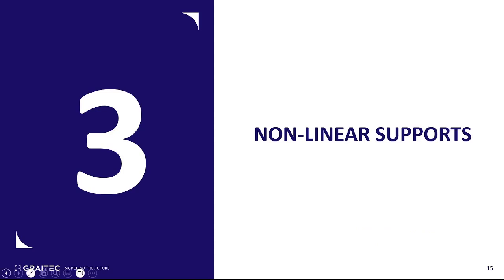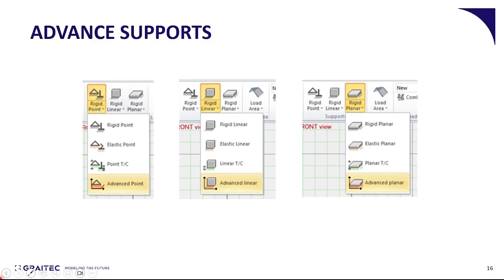Let's move now to the nonlinear supports functionality. The nonlinear supports are a functionality that the user can find within the interface of the software, and in order to use them, the user needs to define a nonlinear analysis for the analysis and design of the structure.